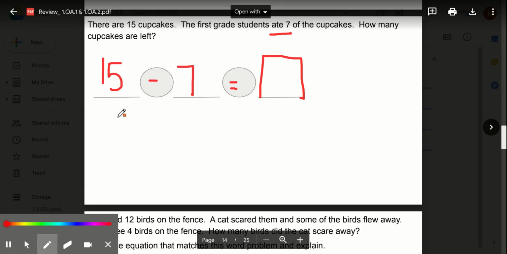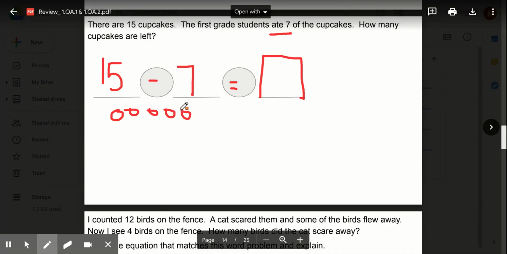All right, now let's draw a picture to solve. So I'm going to draw 15 cupcakes because that's how many I started out with. 1, 2, 3, 4, 5, 6, 7, 8, 9, 10, 11, 12, 13, 14, 15.